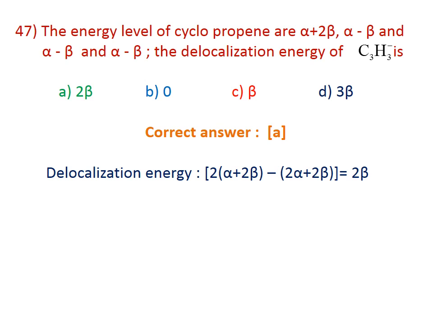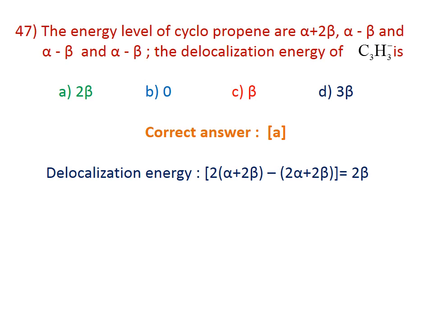We are going to find out the delocalization energy. For that, first you find out the total pi electron energy of cyclopropane. The lowest energy level is alpha plus 2 beta. There are 2 pi electrons present in the system. Therefore, 2 into alpha plus 2 beta. But the total pi electron energy is 2 alpha plus 4 beta.